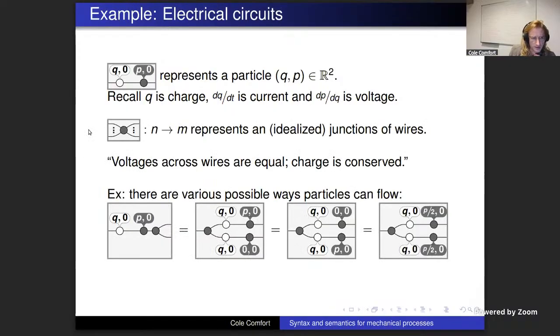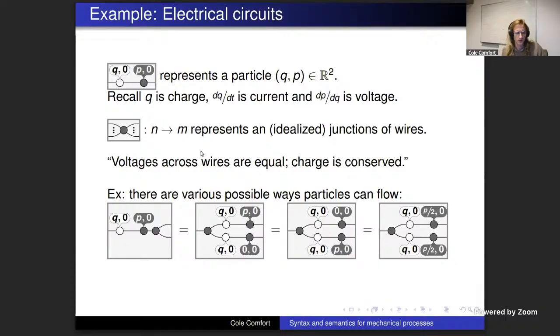And we're going to think of these black spiders as wires that have been soldered together. And there's this law in electrical circuits where voltages across wires are equal, but charge is conserved.